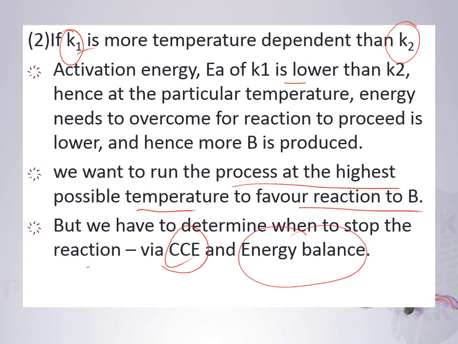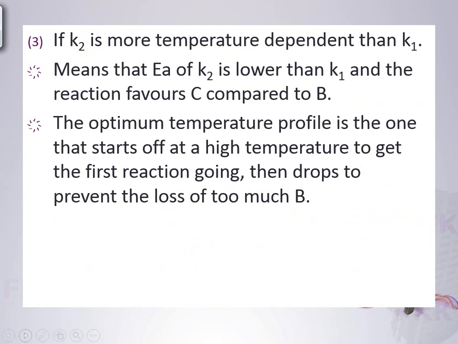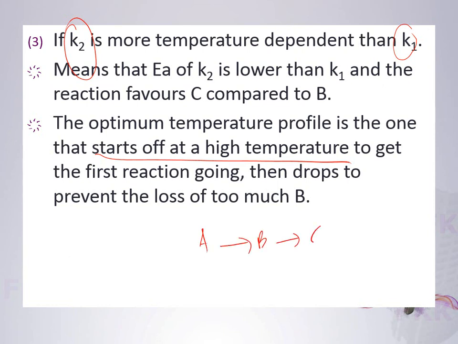And since the volume is constant, you don't have to use the product rule, right? If your K2 is more temperature dependent compared to your K1, it means you have to start off at the highest temperature to get the first reaction going. So remember, A going to B, going to C, you have K1, you have K2.